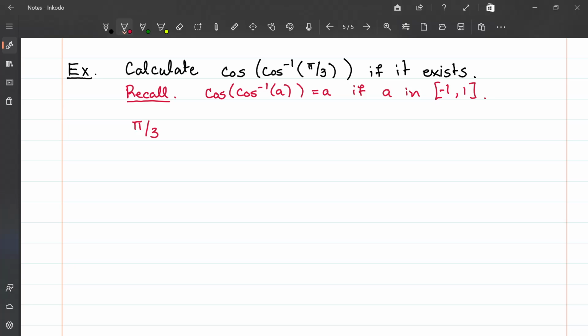When looking at the number pi over 3, I happen to know that pi is bigger than 3. It's 3.1415926, etc. So if I have the fraction pi over 3, you know it's a bigger fraction than 3 over 3. And guess what? 3 over 3 is equal to 1.